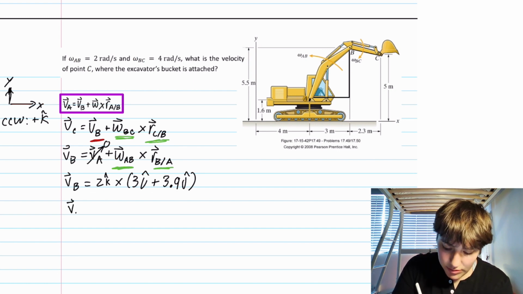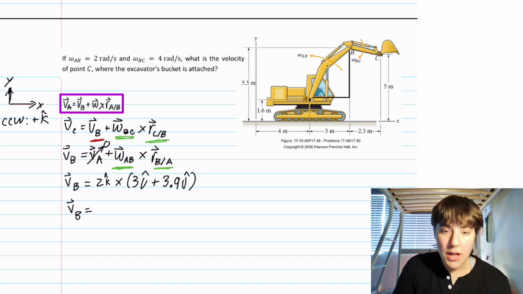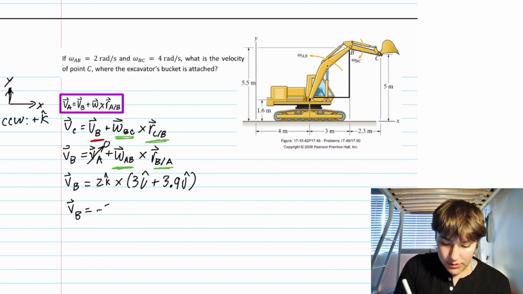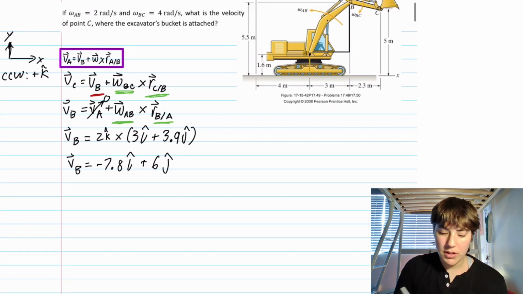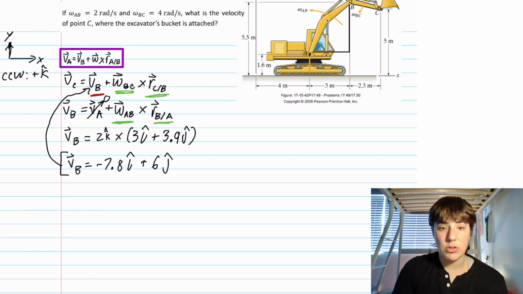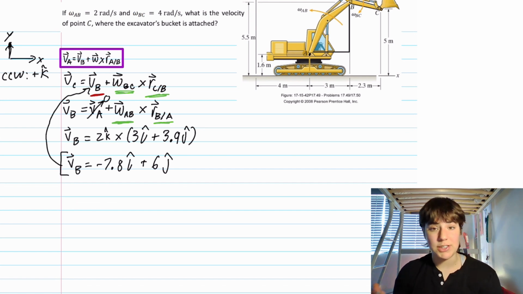I'm not going to be doing the cross product. I'll be doing a video on the cross product in a different video, but for now I'm not going to, just to save some time. So VB equals negative 7.8 i hat plus 6 j hat. Perfect. Now we found VB and we can plug it into this equation to find what the velocity of C is.